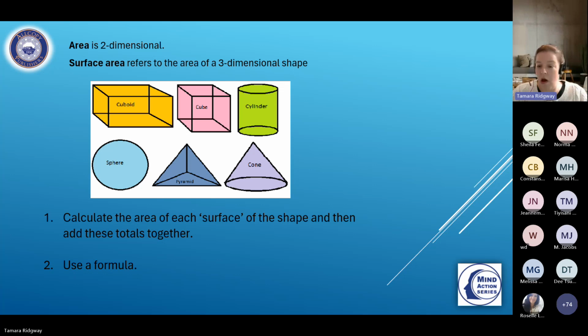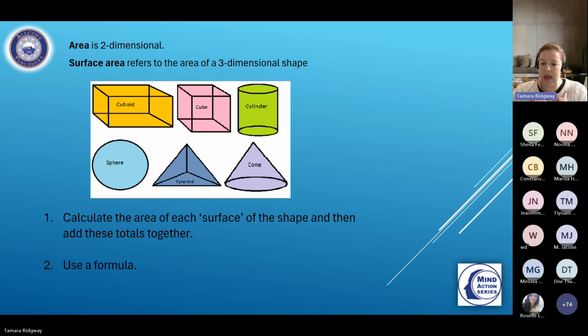I'm just saying that not all of them are examinable. Let us first see how we would solve any kind of surface area question, and we would break it up and either calculate the area of each surface and then add them together, or we would use a formula.